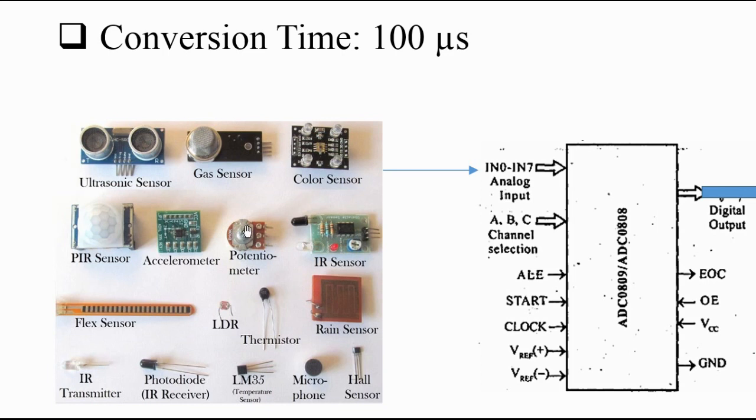Whenever the shaft of the potentiometer is varied, the output will get varied. So rotary movement can be identified. Then there is the IR sensor. If you cut the incoming and outgoing radiation, then accordingly the output will get created. Then there are LDR sensor, thermistor, flex sensor, rain sensor, LM35.